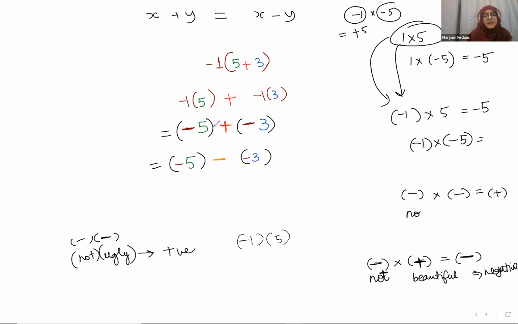But when you're adding two things and then subtracting the same two things, can the result ever be equal? No. For example, if you have 7 plus 4, and on the other side I have 7 minus 4.